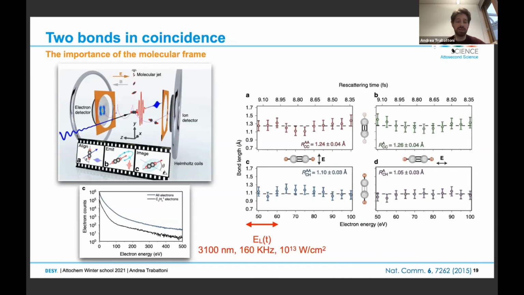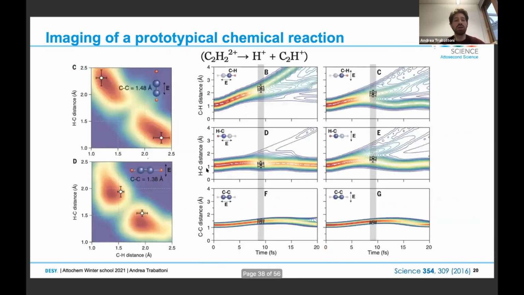And in the same group, with the same methods and the same experimental approach, they were also imaging a prototypical chemical reaction: the Coulomb explosion of the C2H2 dication with the proton loss, the H+ loss. They did this as a function of the molecular orientation with respect to the electric field. When the electric field is parallel, the states of the dication are strongly dressed, and you basically enhance this proton loss.